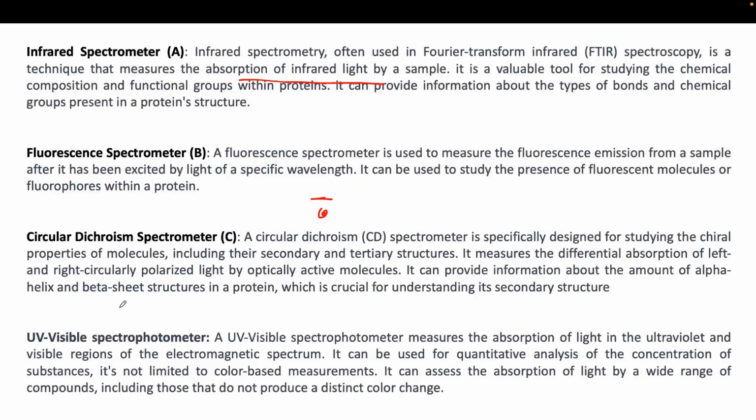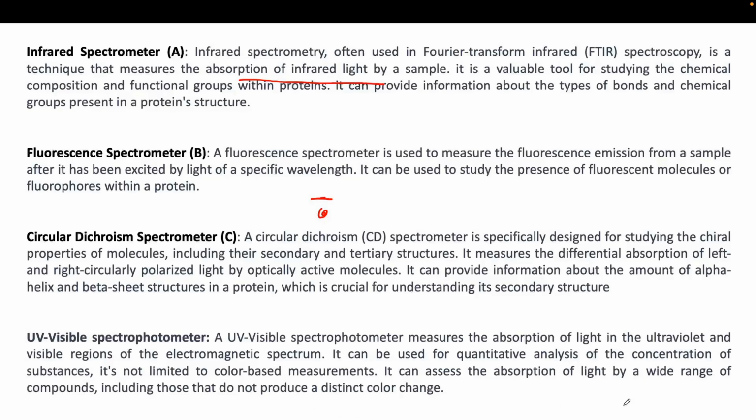Then you have the UV visible spectrophotometer. The UV visible spectrophotometer measures the absorption of light in the ultraviolet as well as the visible region of the electromagnetic spectrum. It is made up of two different spectrophotometer ranges, so it can identify both UV and visible light.